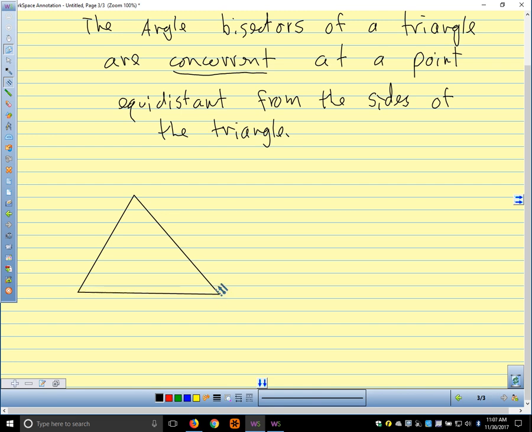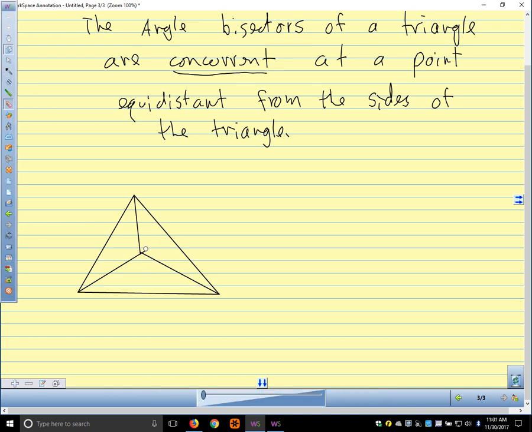So we're going to do the angle bisectors this time. I'm just doing it by eye here. Bisect that angle, bisect that angle, that's pretty close, and bisect that angle.